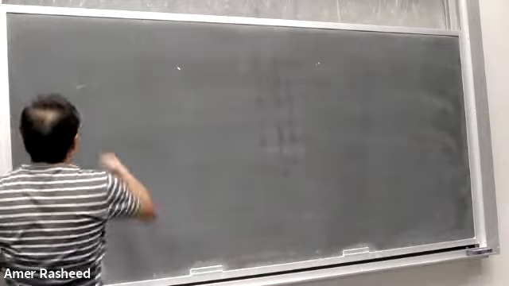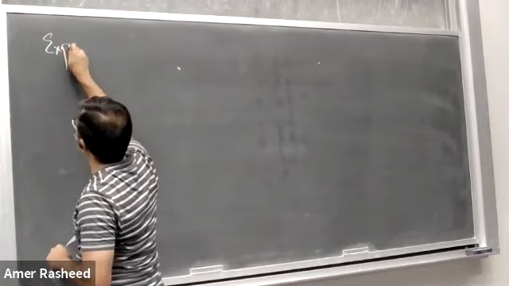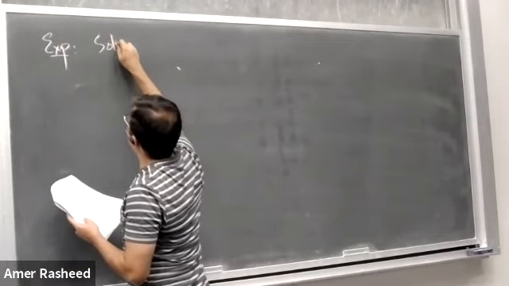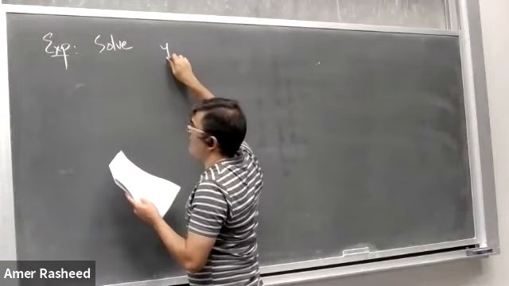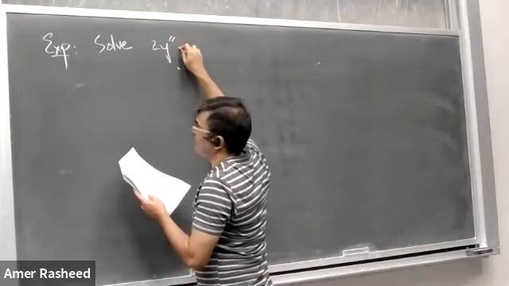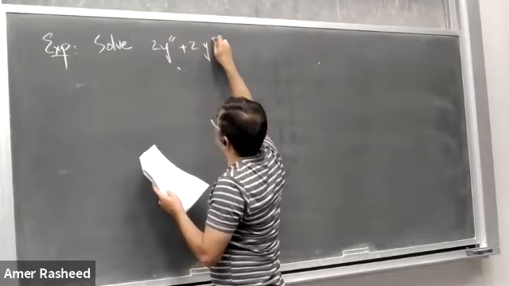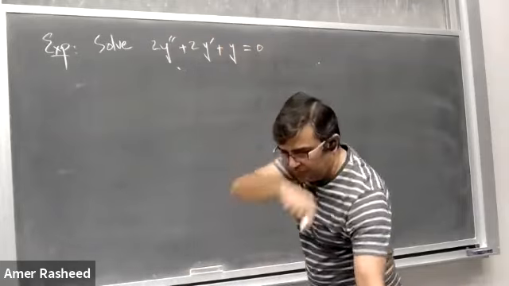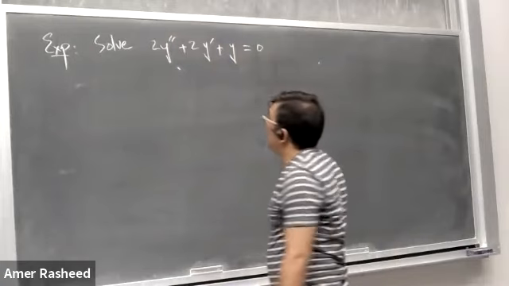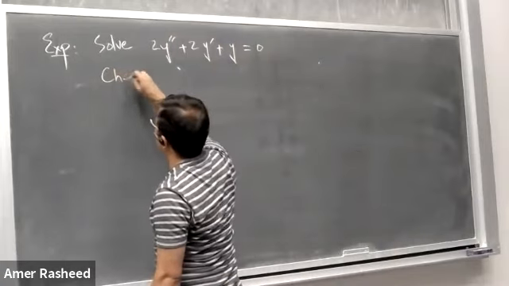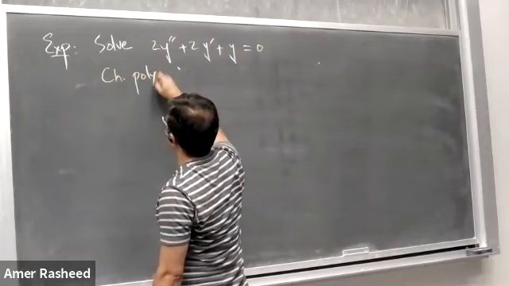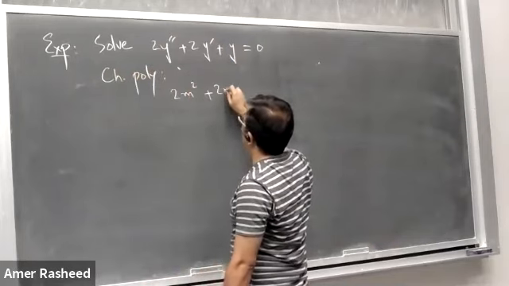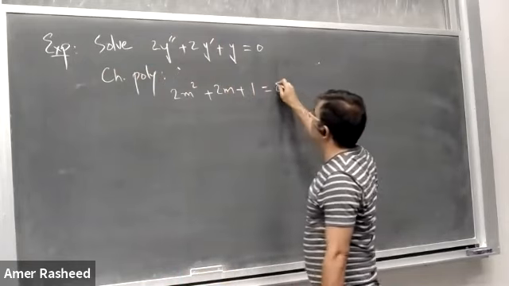If, for example, we have to solve this differential equation, 2y double dash plus 2y dash plus y equal to 0. By writing the characteristic equation or characteristic polynomial directly, we can write 2m squared plus 2m plus 1 is equal to 0.